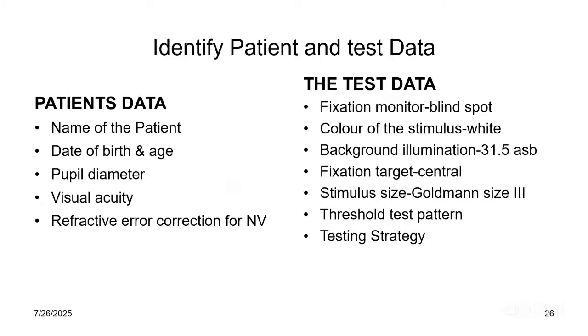And the refractive error correction for near vision is very important, because we know that this test is usually done at about a 30 centimeter distance. So if the patient needs a near correction, they need to put it on. Some machines come with a space where you can put in the near correction for the patient and then allow them to test that particular eye.